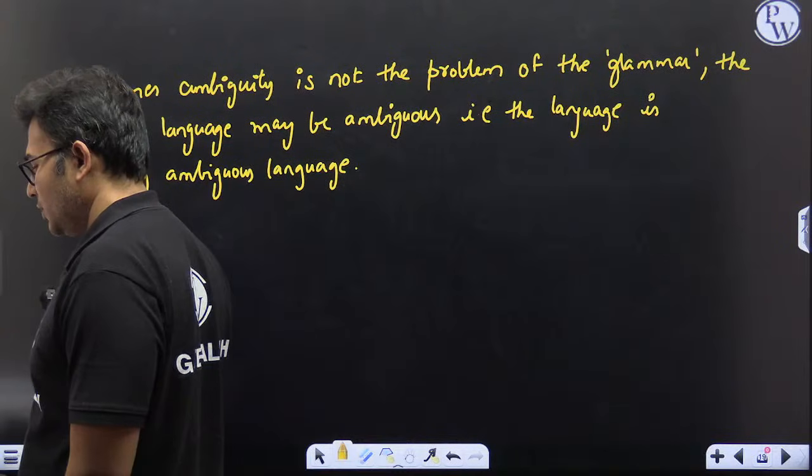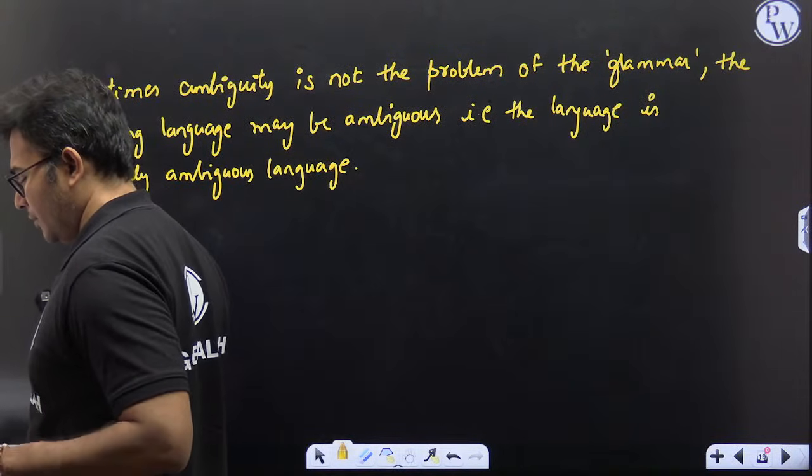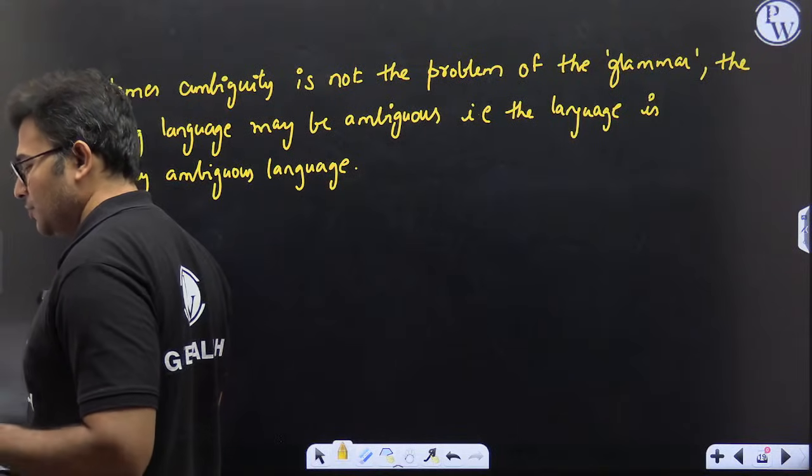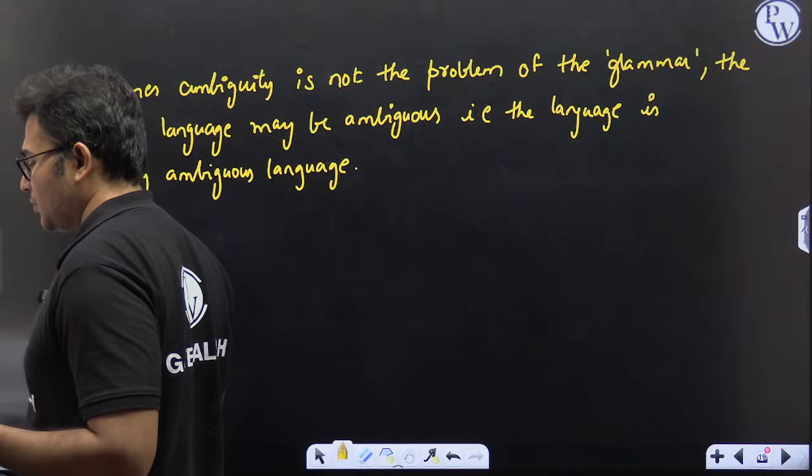So the ambiguity may not be the problem with the grammar. The underlying language may be inherently ambiguous.